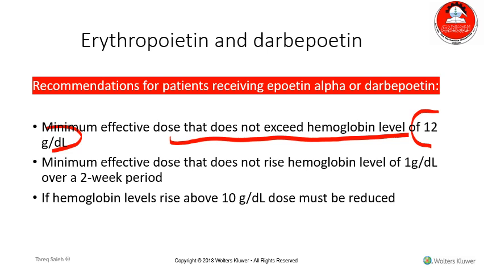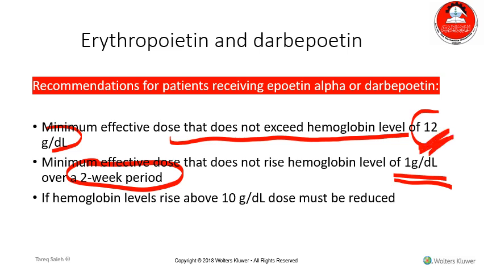Another guideline is that the dose that you should be using should not result in an increase in hemoglobin level of more than 1 gram per deciliter over a 2 weeks period. If that exceeds that limit, it means you're treating the anemia too fast, and that will be associated with all the adverse outcomes that I just said, okay?